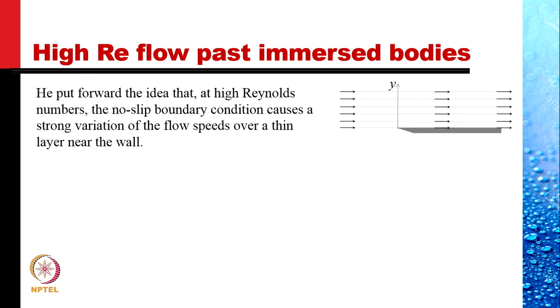But that is not the case if there is viscosity present, howsoever small. He put forward the idea that at high Reynolds numbers, the no-slip boundary condition causes a strong variation of the flow speeds over a thin layer near the plate.